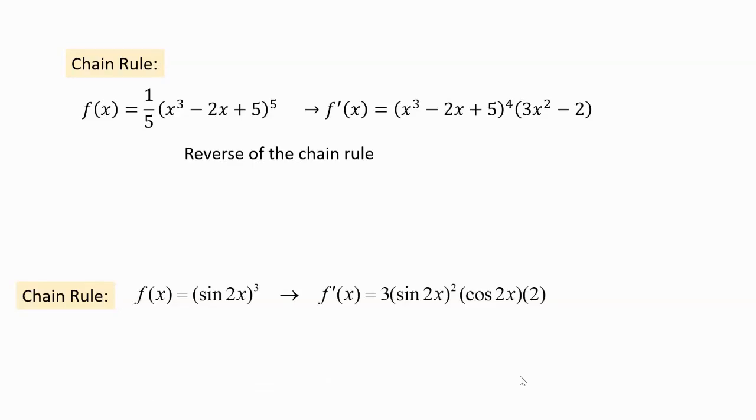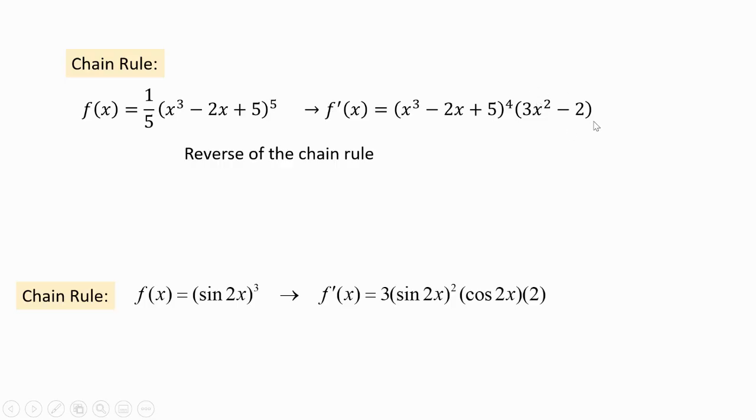Okay, so this lecture is now about basically the reverse of the chain rule. If we have a look at it, I've given you a function here, and remember when we're dealing with the function, we find the derivative of the bracket. So we would jump this down, and then we write it down, and then we write down its derivative.